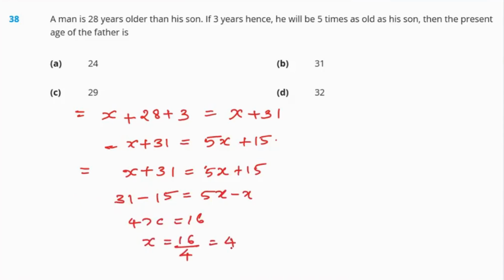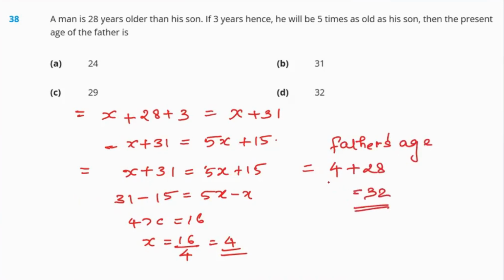So the son's age is 4. The father's age will be the son's age plus 28, so 4 plus 28, that is 32. The present age of the father is 32, and the correct option is option D, 32.